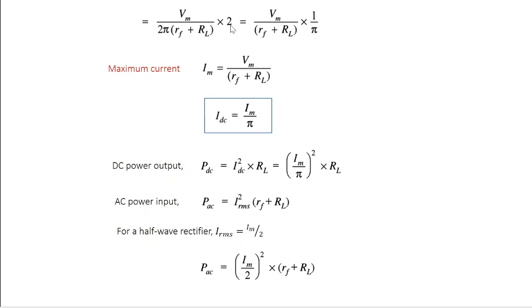So your I average is going to be Vm divided by Rf plus Rl into 1 by pi. Now what is this term here? Vm is the maximum voltage, Rf plus Rl is the maximum resistance. So maximum voltage by maximum resistance is the maximum current Im. So now you can write the DC current IDC as I maximum divided by pi.